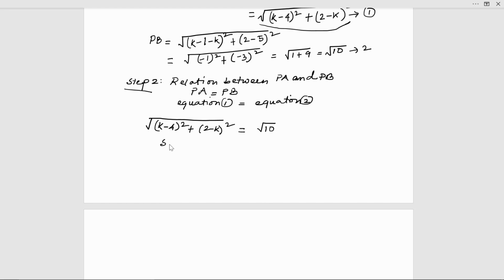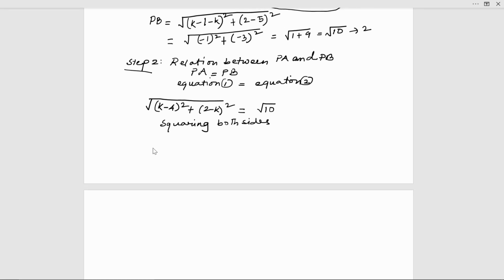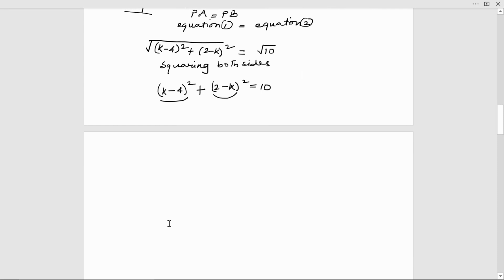Now squaring both the sides, what will we get? We'll get (k minus 4) square plus (2 minus k) square equal to 10. Now we will expand each of these squares, that is a minus b whole square. Again, we are familiar with the a plus b whole square and a minus b whole square formulas.